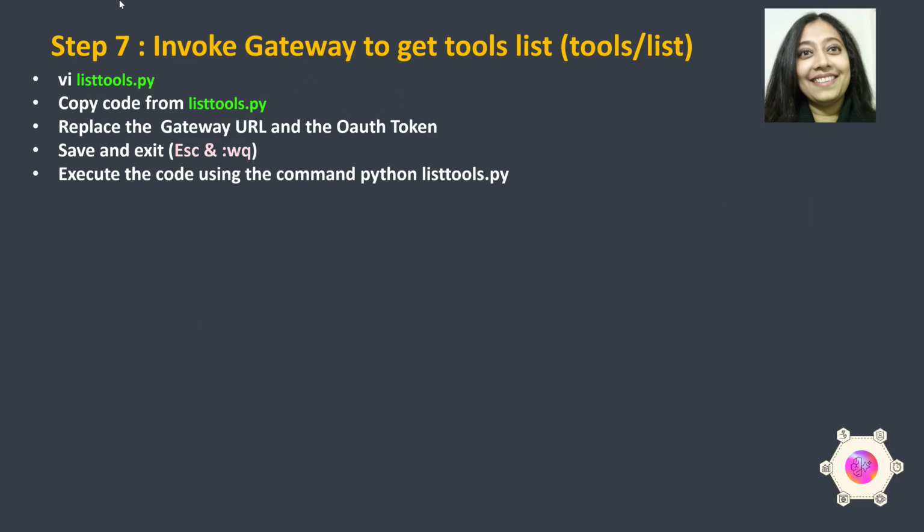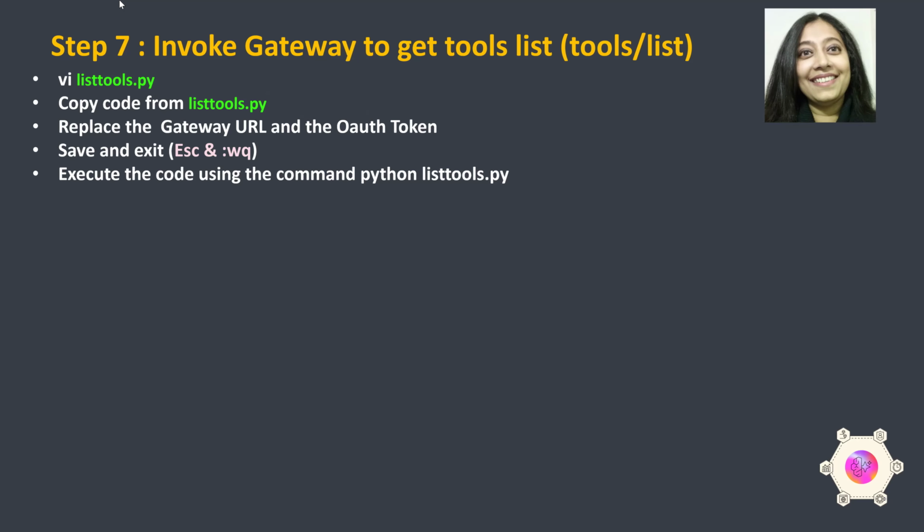Now we just want to double check the name of our tool. This is more of a sanity check. We don't want to use the wrong name of our tool. So we are going to use this utility to get the name of our tool, the name that the gateway exposes and not the name that we think it is.